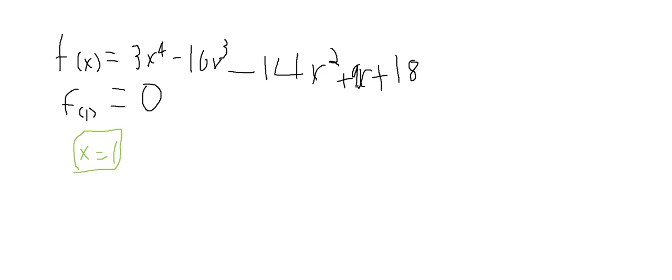Now, you can also notice that f of 6 is also 0. So the equation was 3 times x to the 4th power, so it's going to be 3 times 6 times 6 times 6 times 6, minus 16 times x cubed, so minus 16 times 216.